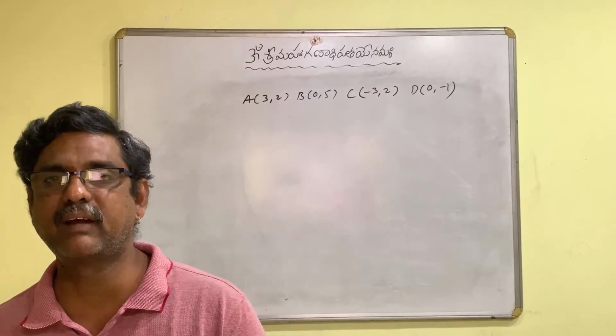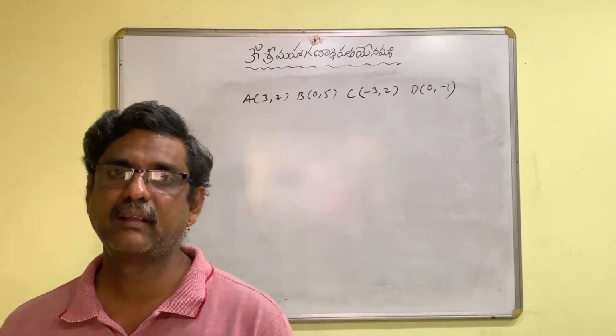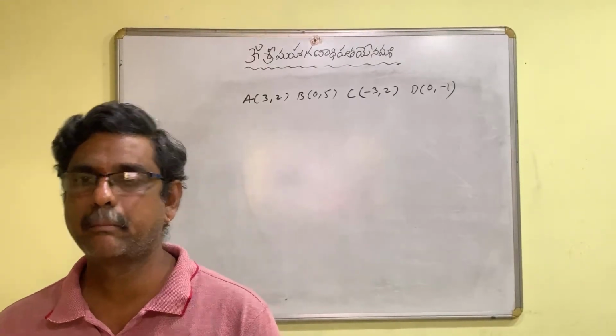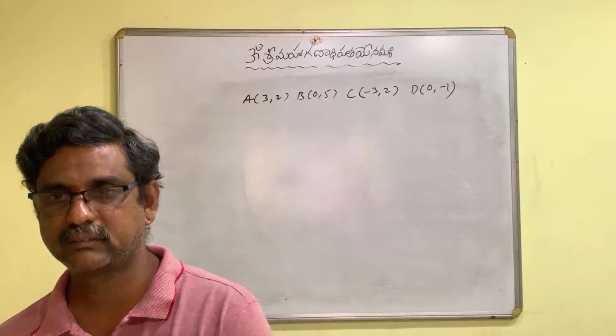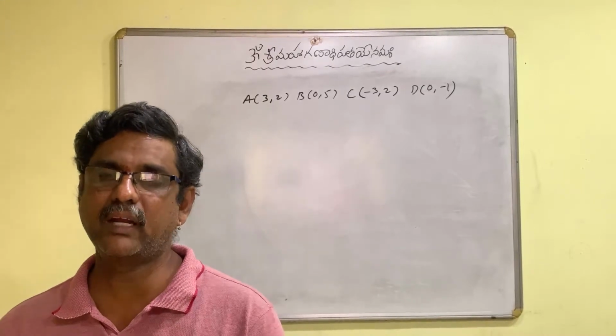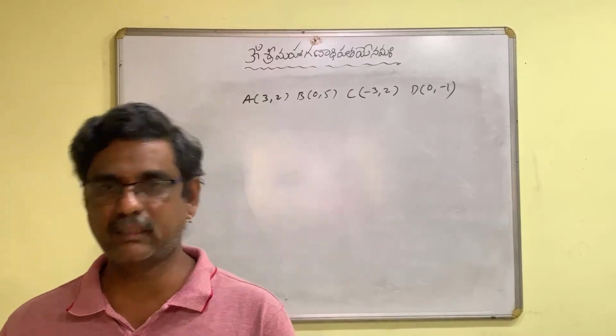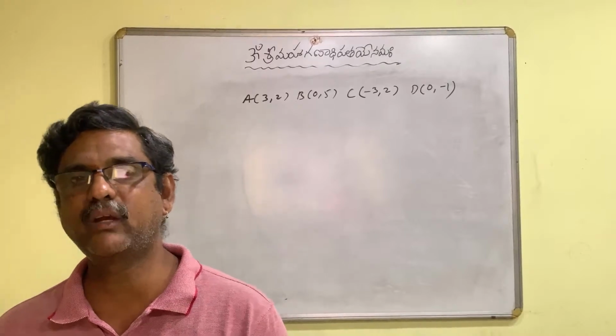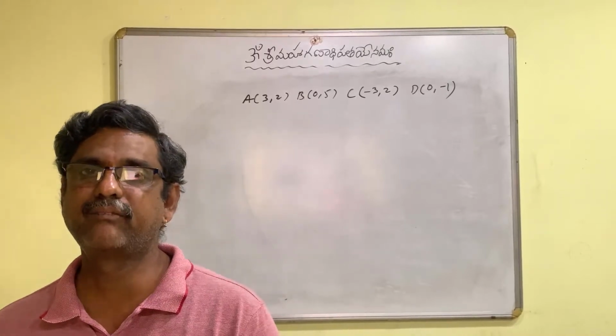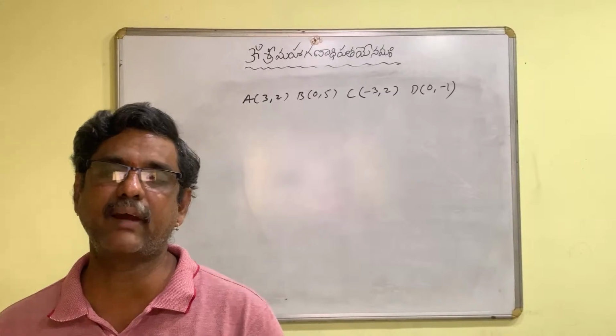If these are the vertices of a square, then find its perimeter. This is the question. First, we need to verify whether these vertices form a square or not. And second, if they form a square, then find its perimeter.